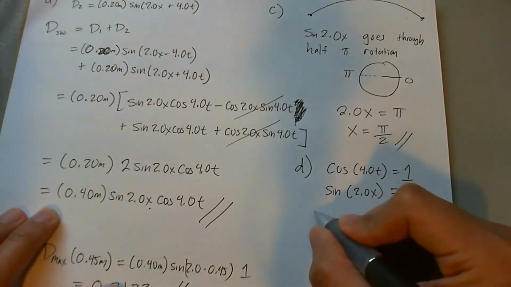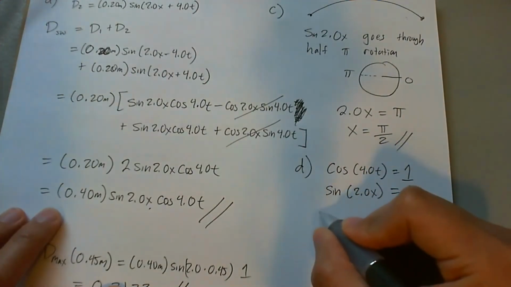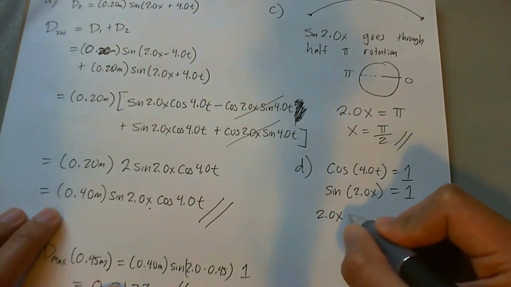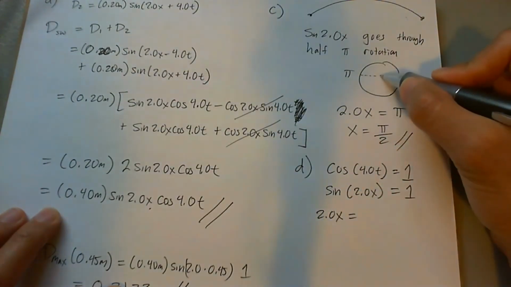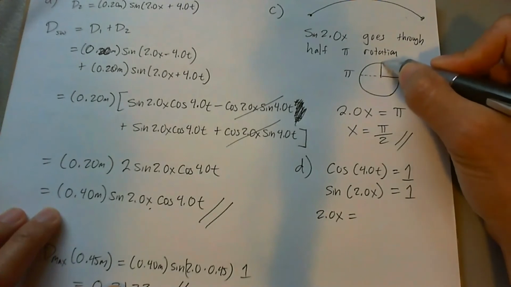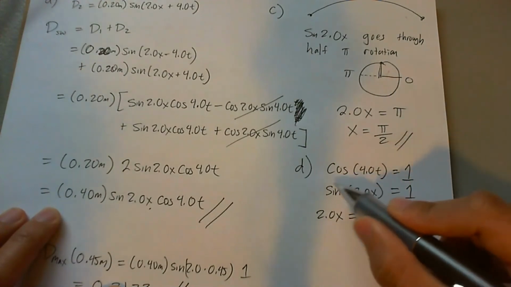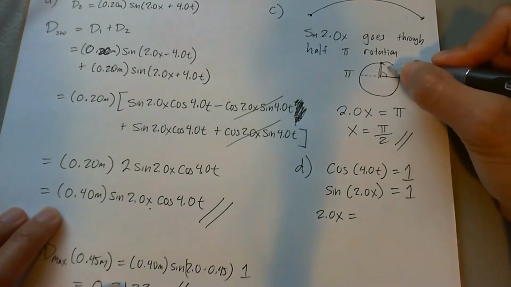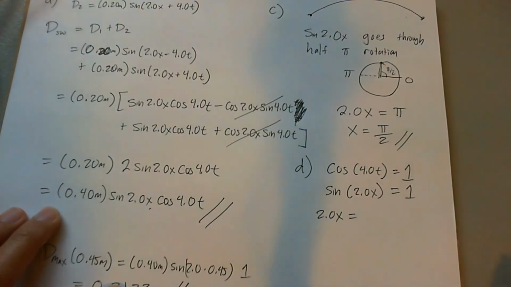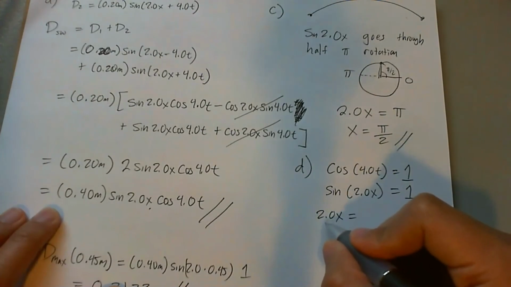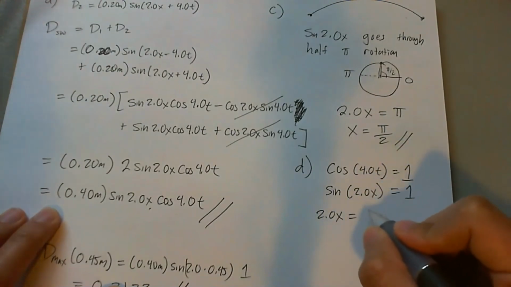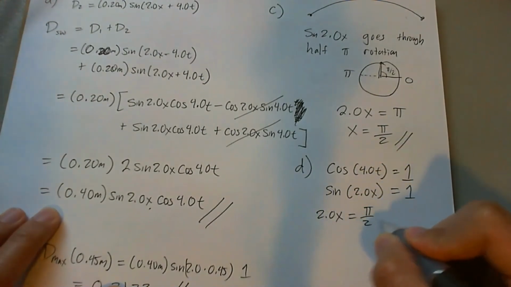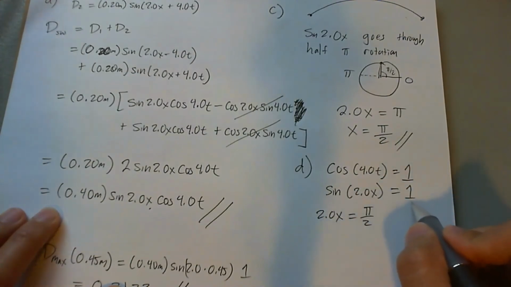We're going to say that 2.0x has to equal, and let's look at this unit circle, the only time that it's maximized is when the function, the y-axis right here, is at 1, and that's associated with a sine function. So that happens only at a pi over 2 angle. That means 2x, the argument in sine, has to be pi over 2 for sine to become maximized at 1.